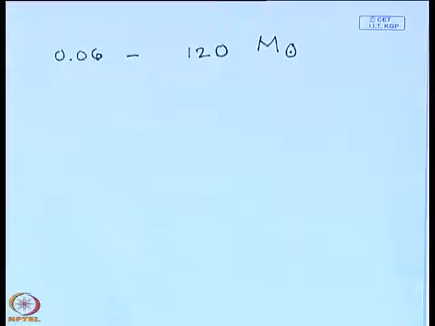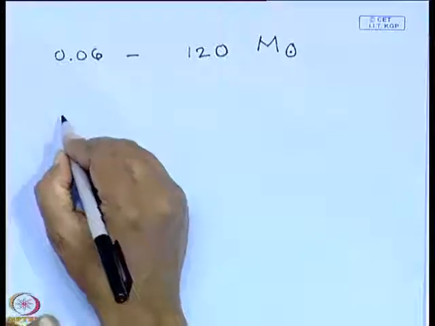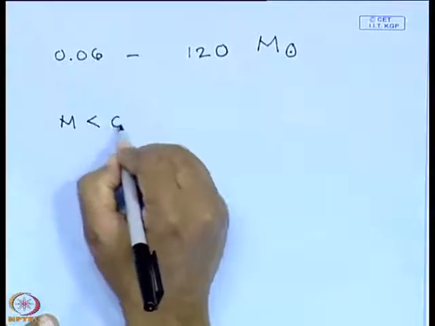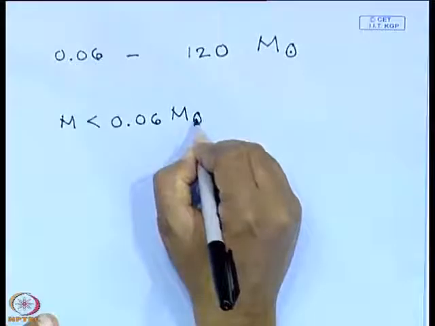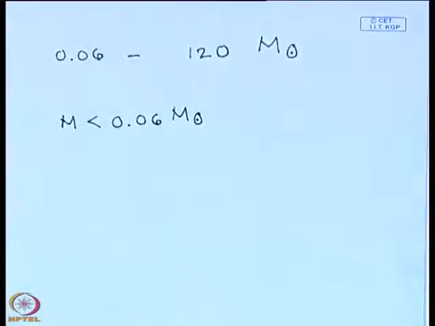So, what happens for masses which are smaller or larger than this? Suppose I take a star whose mass is less than 0.06 solar masses and apply the equations of hydrostatic equilibrium, the mass distribution, luminosity distribution, etc., and solve them.